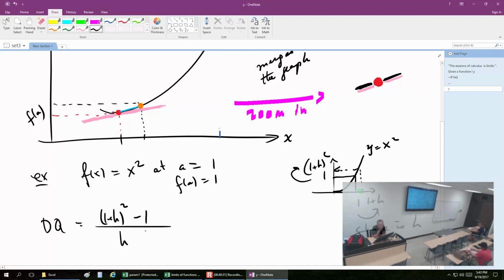Two things to notice: first of all, this is a function of h, not x, and secondly, this is definitely not f. Okay, so we had function f, we built a new function. And even the variable is different.